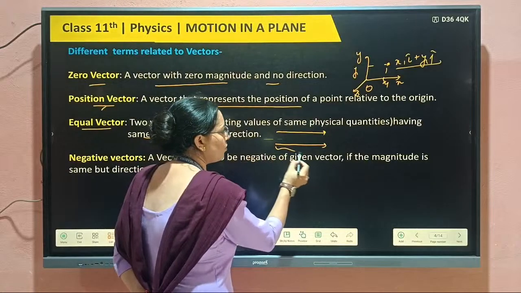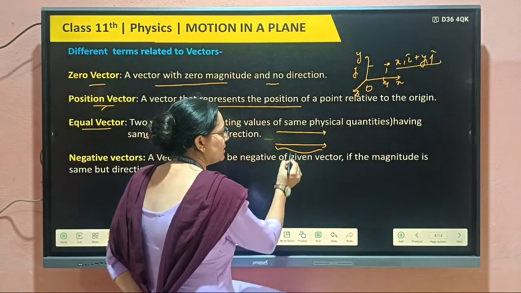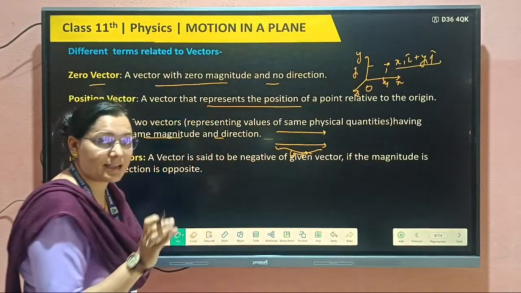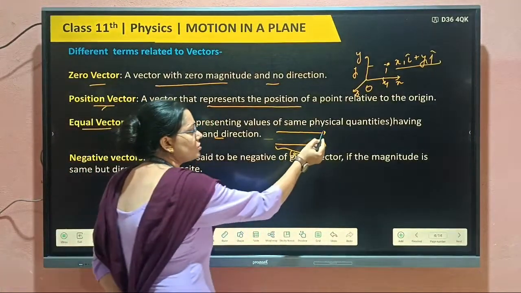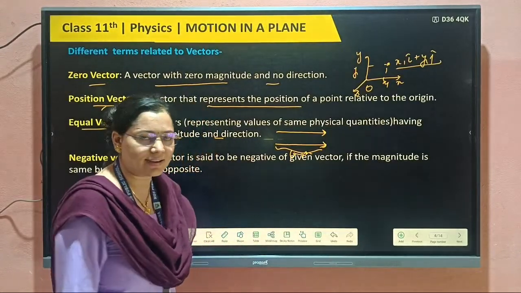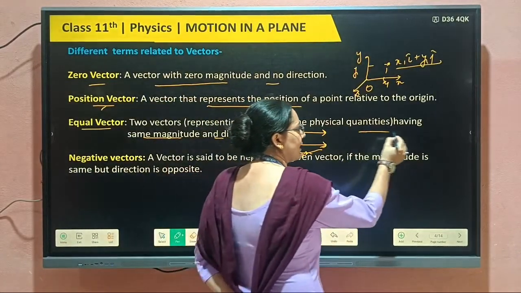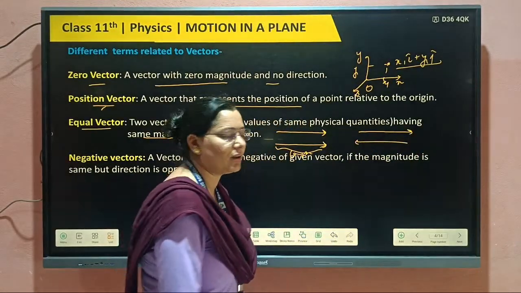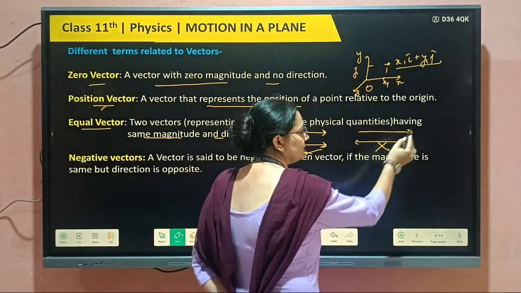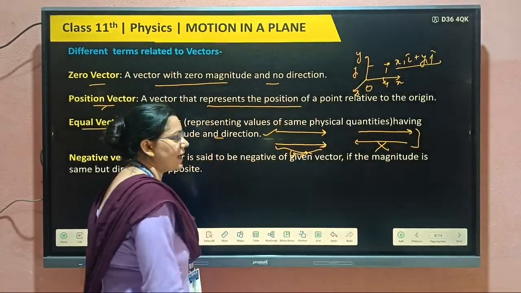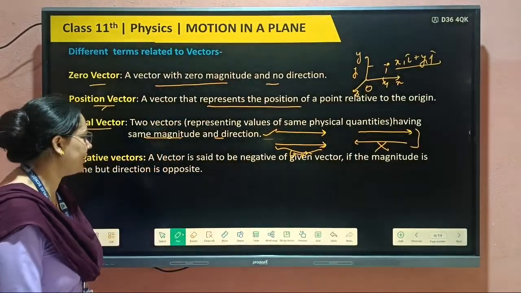Magnitude means with the help of length we can define the same magnitude, and the direction should also be the same. Then we call it an equal vector. If one vector is acting in this direction and the second in another direction, then we will not call them equal vectors.